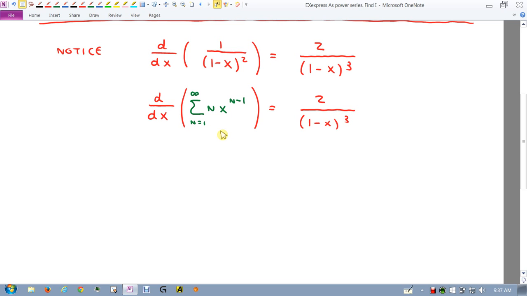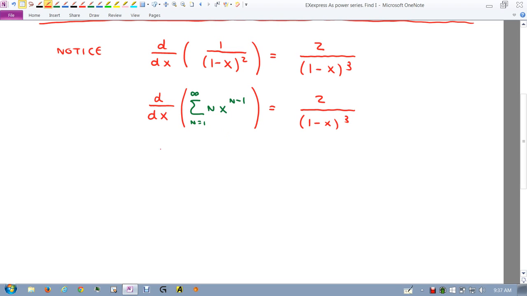Okay, so bring the power down, subtract 1 from the power, and then what would happen to the index? It would go up, wouldn't it? Okay, so we could do the derivative of this right now.